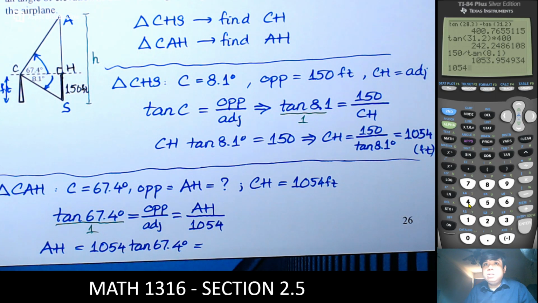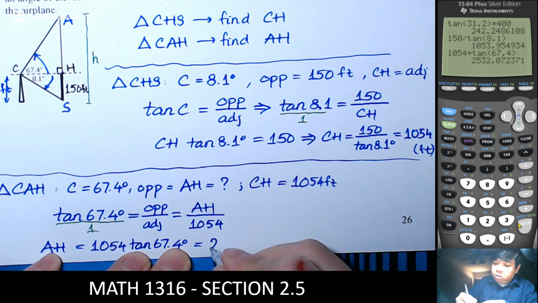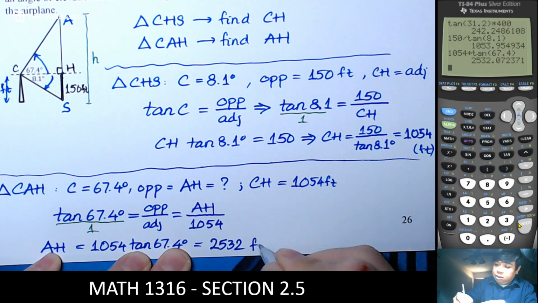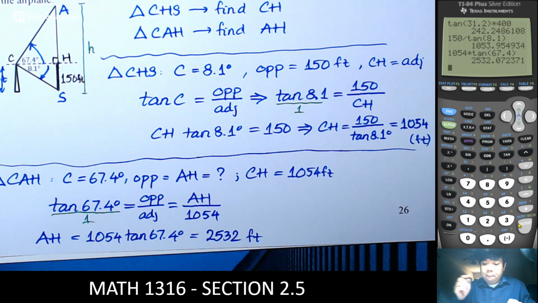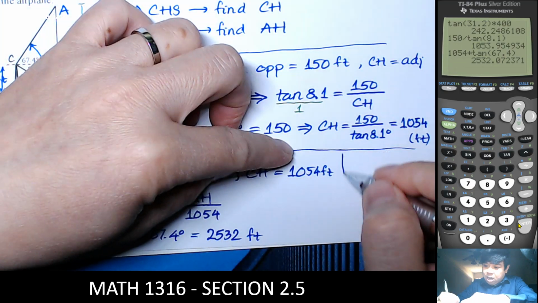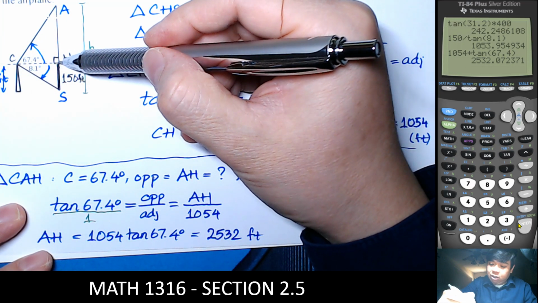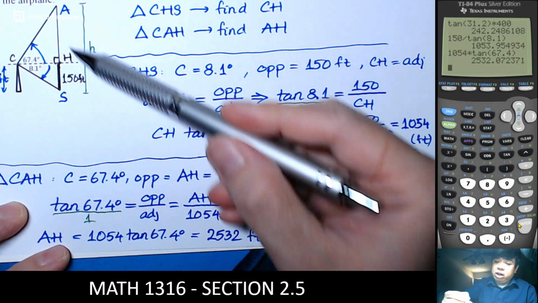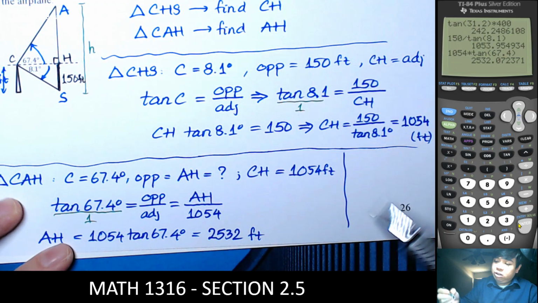1054 times tangent of 67.4 degrees. And we have that 2,532 feet. And with that, 2,532 feet plus 150 will be the height of the airplane from the ground.